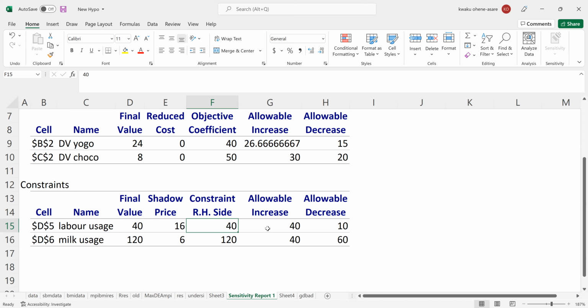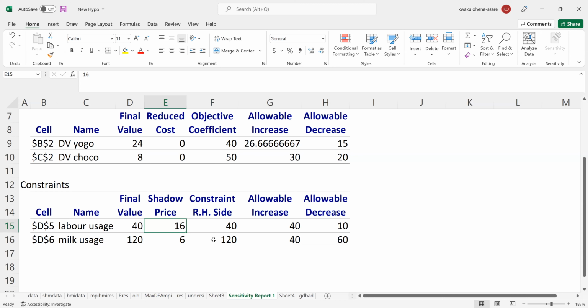If you increase this right-hand side, 40, by 1, to 41, the shadow price here being 16 means that profit will increase by 16 times the one that you increase by. So profit will increase by $16 or 16 cents.